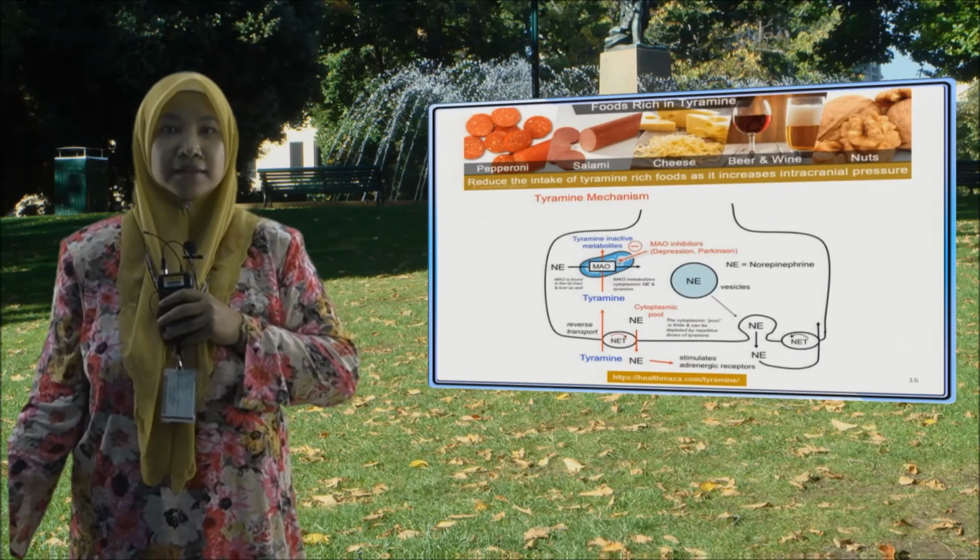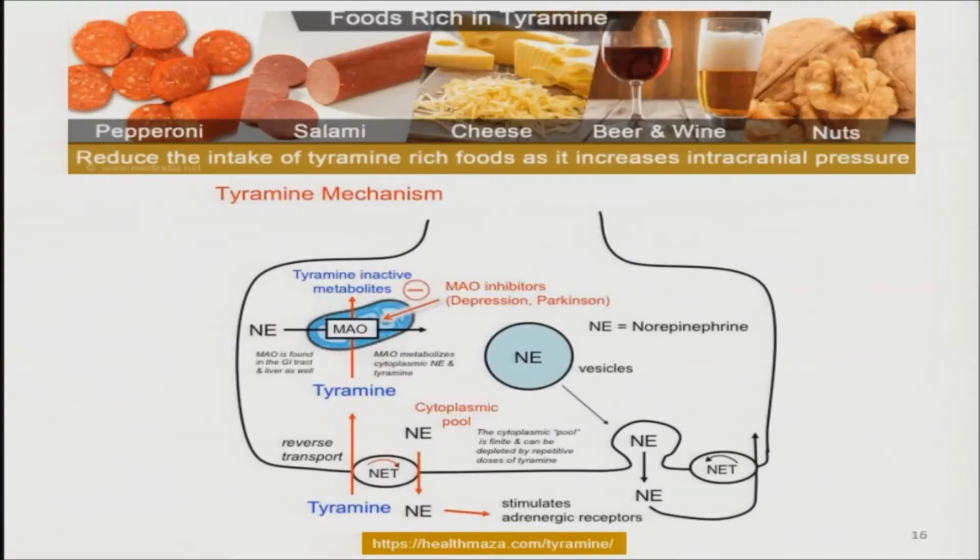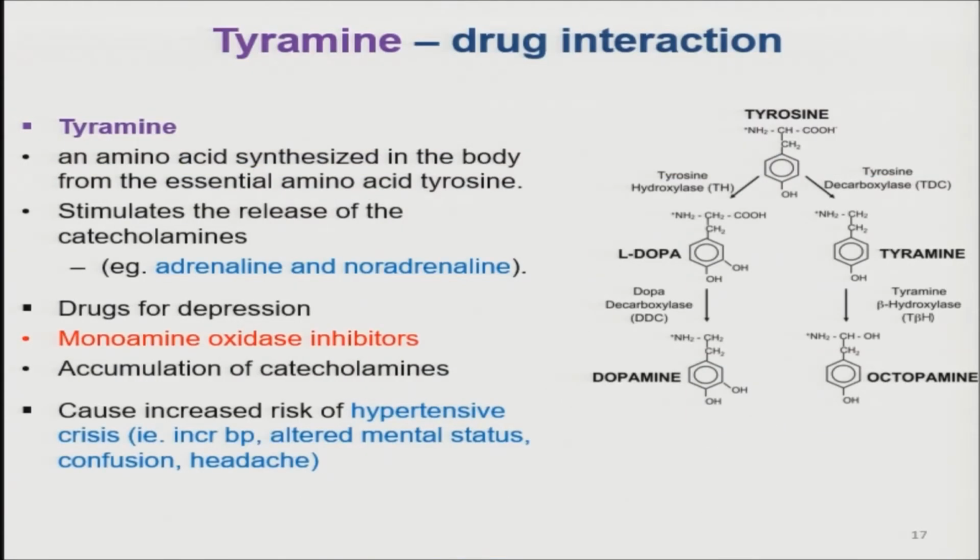Okay, then tyramine. Look at this picture carefully. So, tyramine drug interaction. Tyramine, amino acid synthesized in the body from the essential amino acid tyrosine.